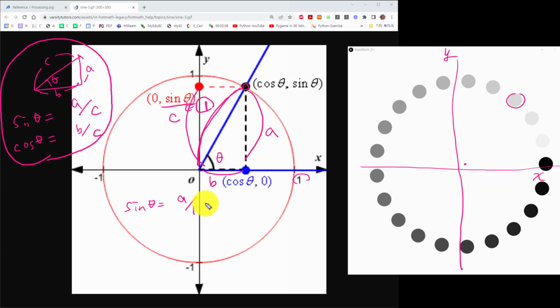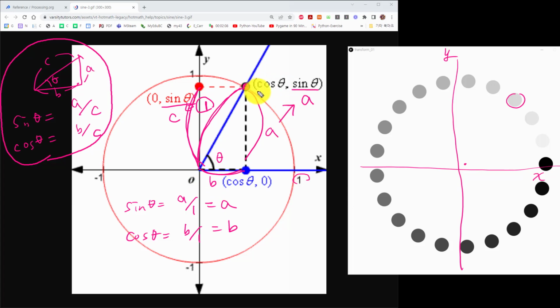So sine theta is A, which means the distance from here to here. So the y coordinate for this point is sine theta. And cosine theta will be B divided by 1, which means this B from the center to here.